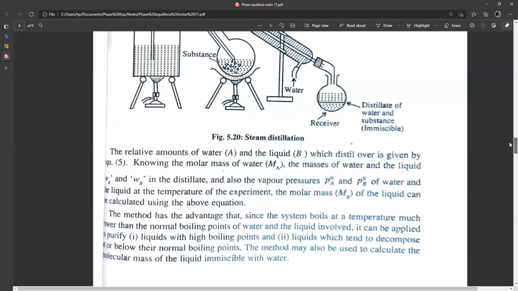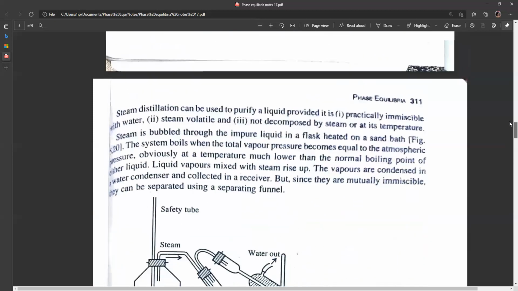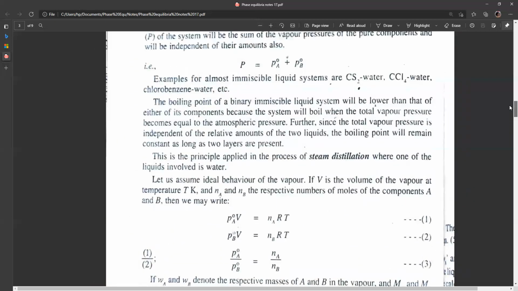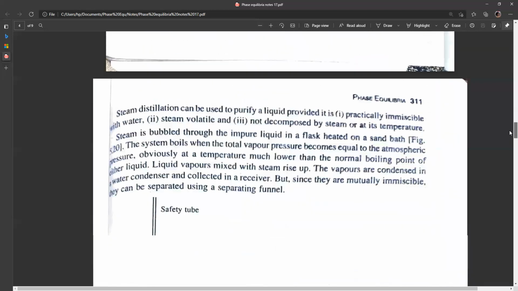That is, liquids with high boiling points can be purified by this method, and it also helps us to calculate the molecular mass of a liquid immiscible with water. That's all about steam distillation. It's a very important topic as far as phase equilibrium is concerned.